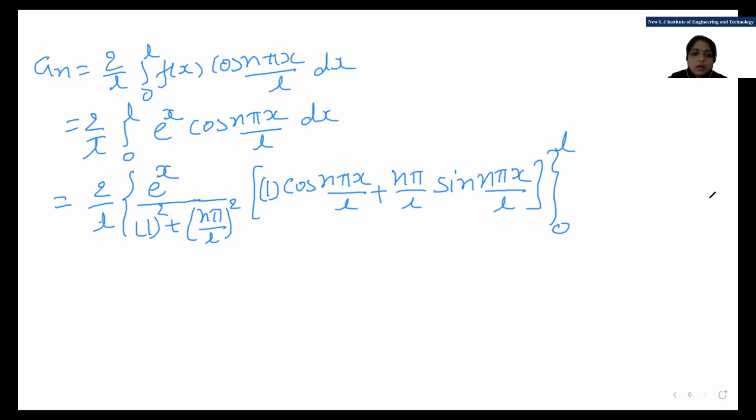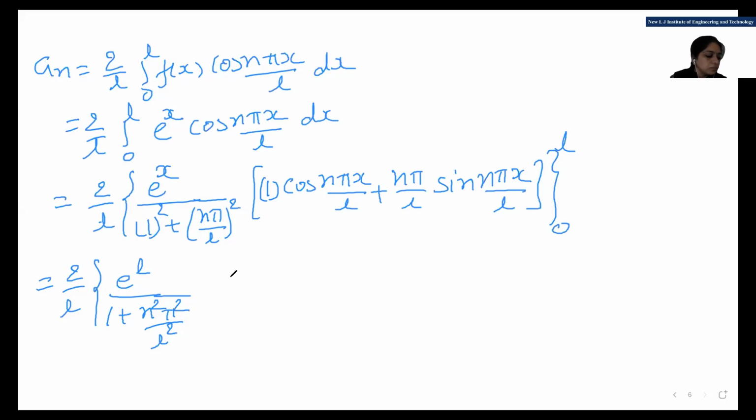So now the turn for the substitution of upper limit and lower limit. If I substitute my upper limit here, that is e raised to L, in the denominator 1 plus n square pi square upon L square.